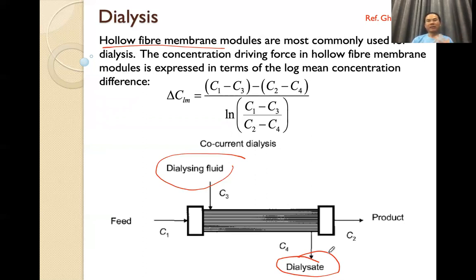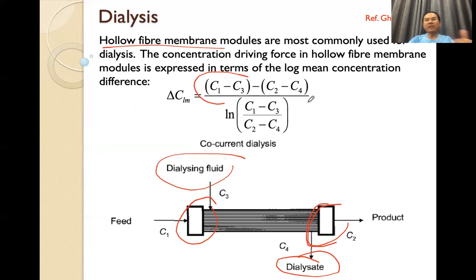Okay, you can use the log mean temperature, or log mean concentration, the same as you studied in heat exchangers. For log mean concentration, delta Cm is the difference at this location and at this location. Delta C at this location is C1 minus C3, and delta C at this location is C2 minus C4.